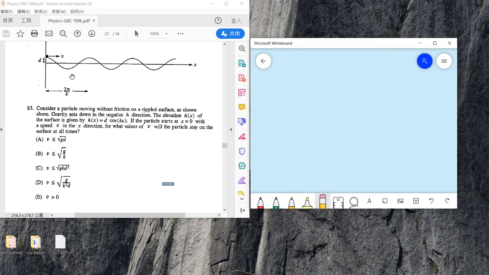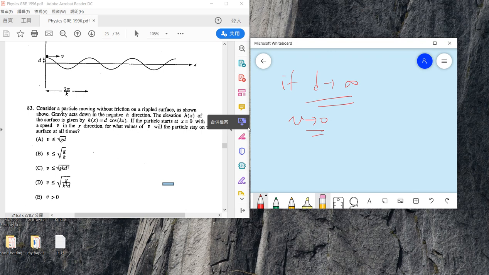The feeling is that if d is very large, then what will go in? If d is very large, that means your v needs to go to 0, because you have infinite steepness here. So basically, when you need to stay on here, you must have zero velocity.